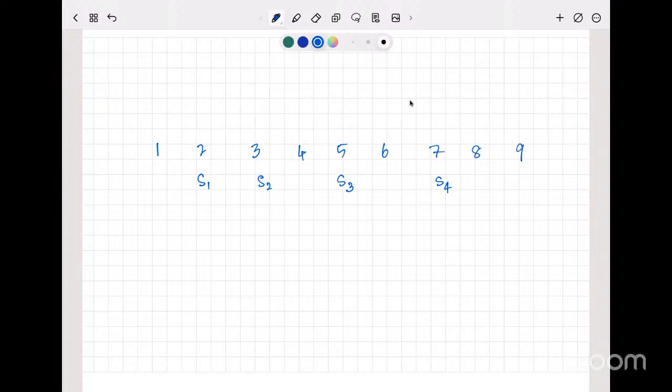So let's say these are our positions. So what we want to say is, okay, let's say we've fixed our S to be this set here. So 2, 3, 5, and it didn't have to be like that, for example, maybe.